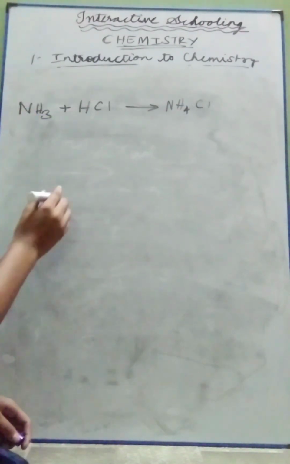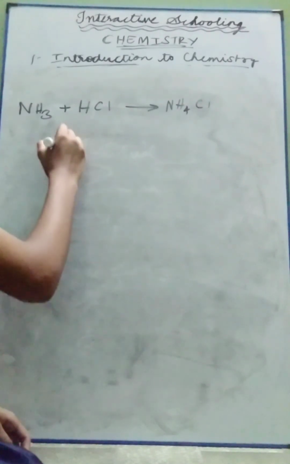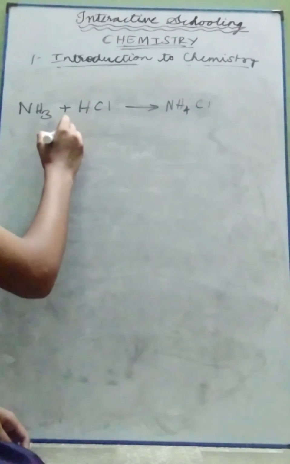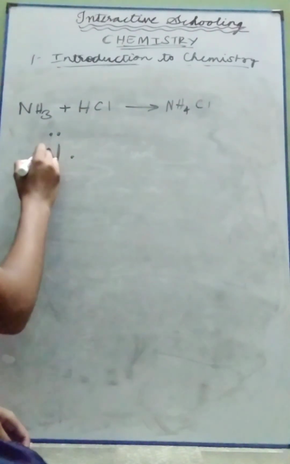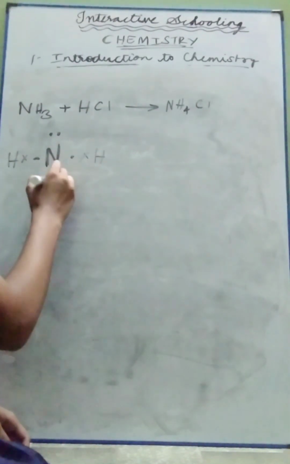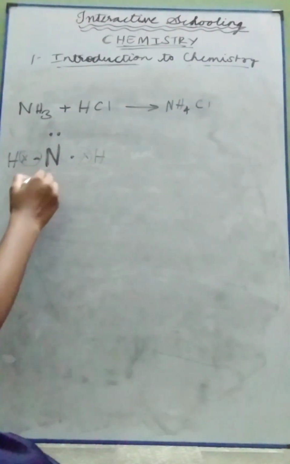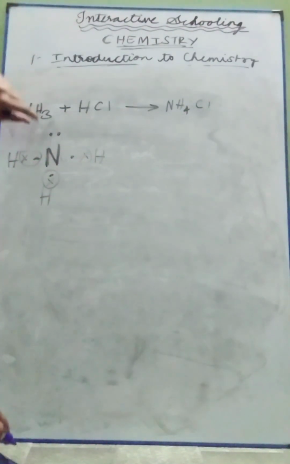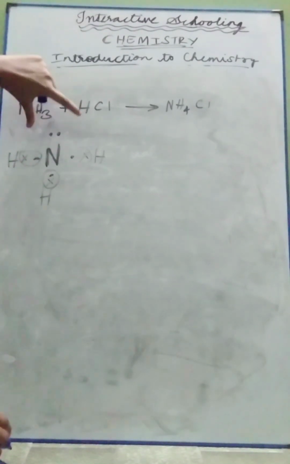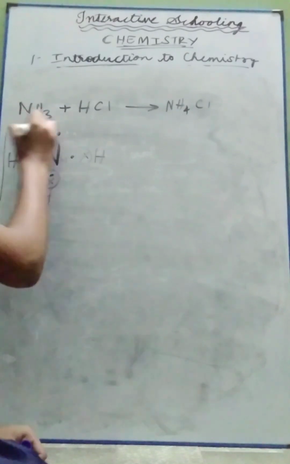So what happens is, as we already know, ammonia: nitrogen has 5 valence electrons, hydrogen has 1 valence electron, and these get shared. It has 2 more valence electrons left. These are the lone pair.